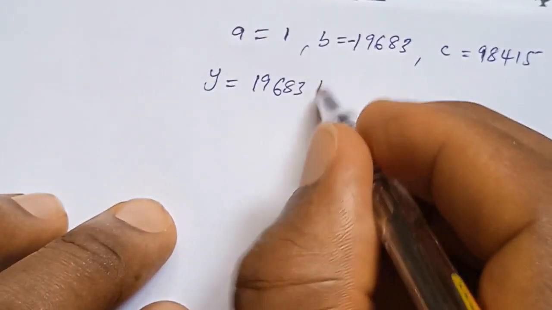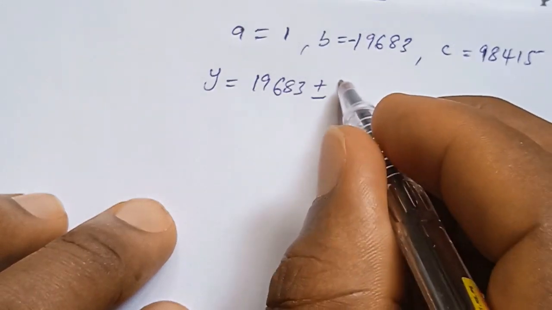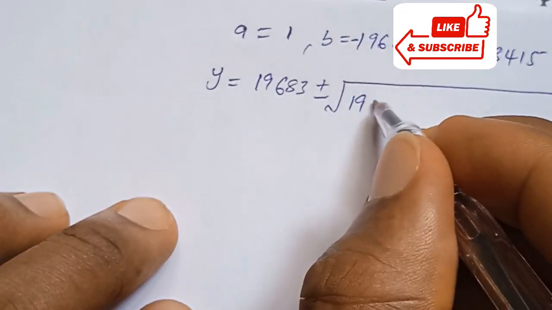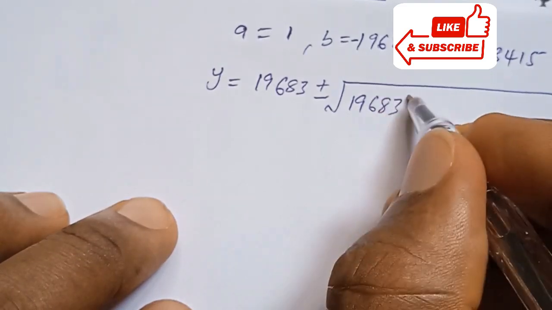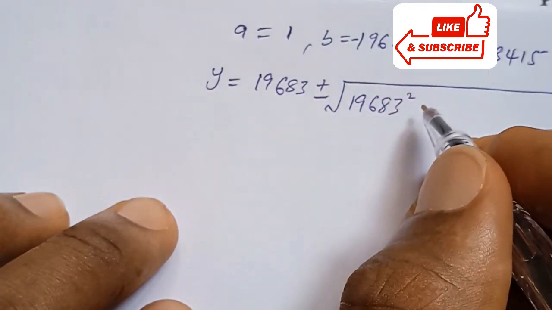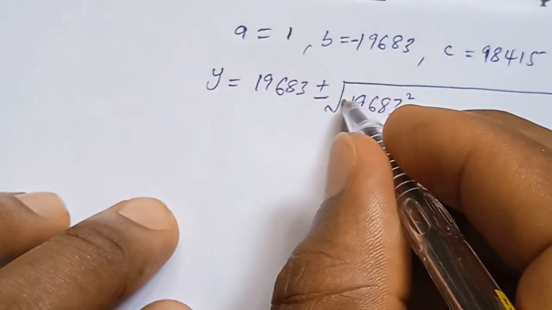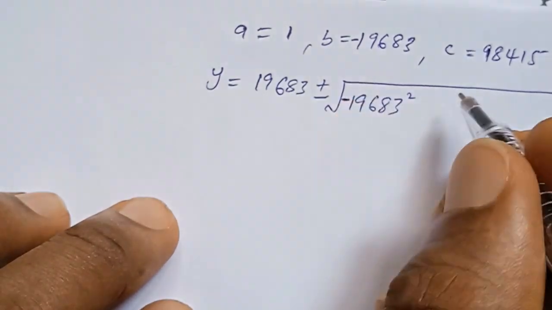19,683 plus or minus the square root of 19,683 squared. So over here, 19,683 squared is minus, okay, it's minus.